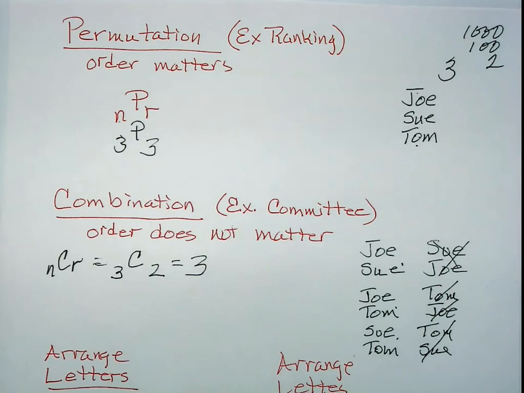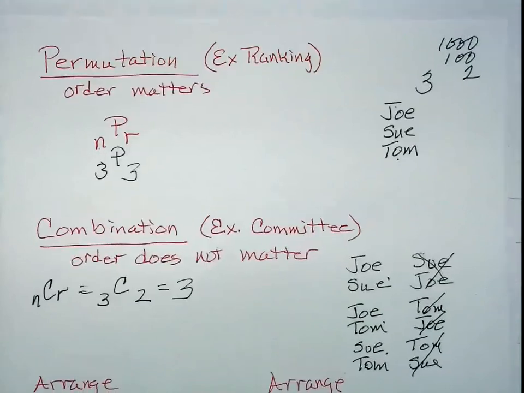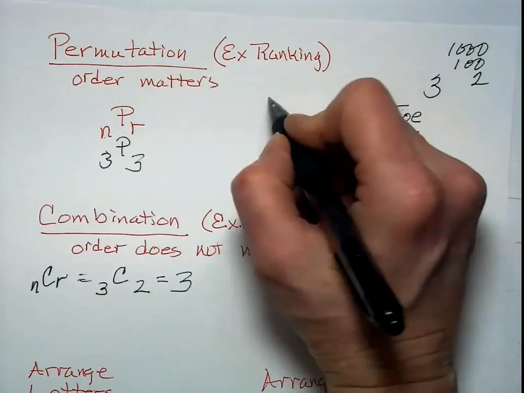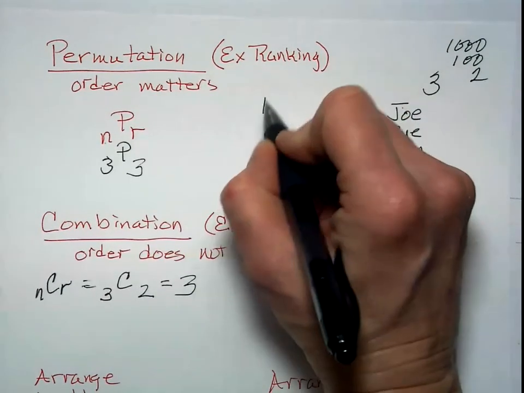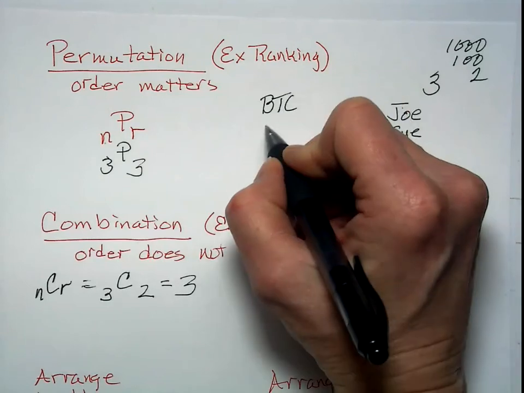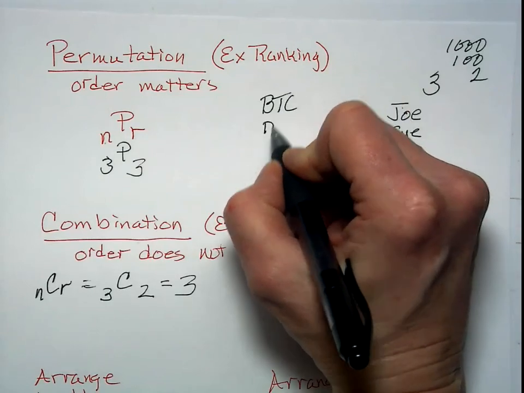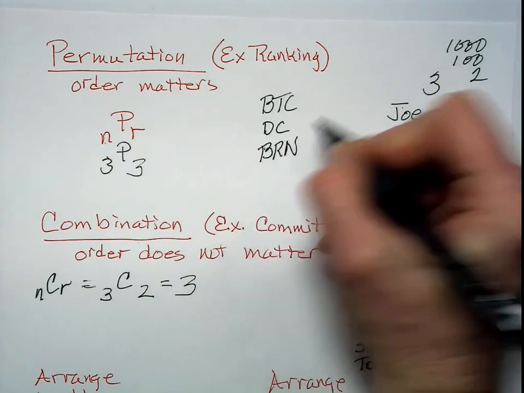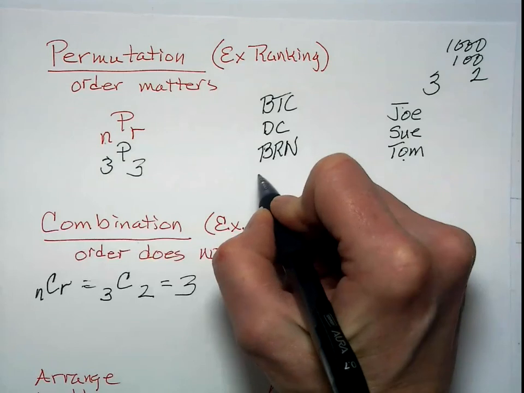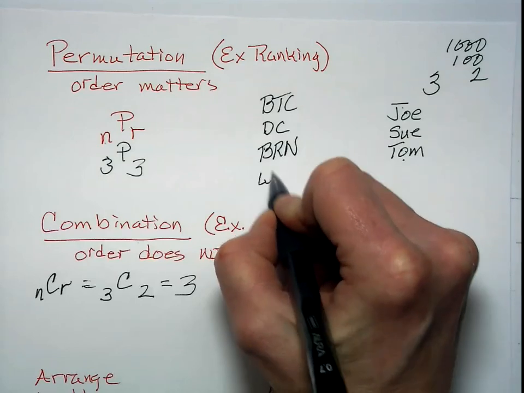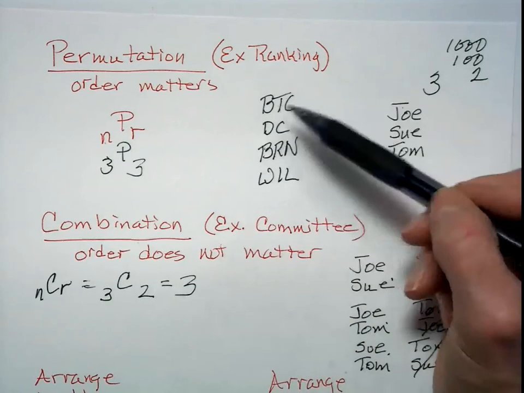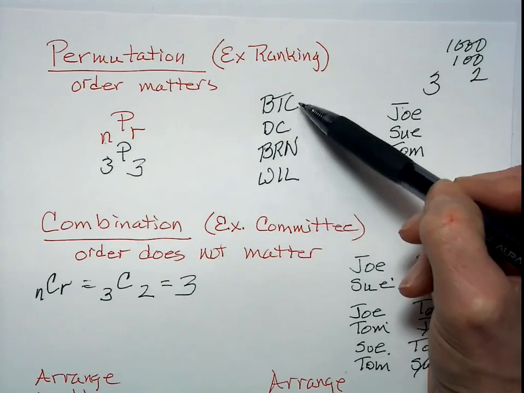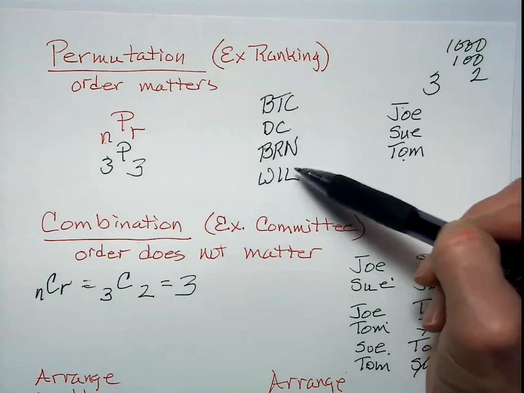Permutation, a good example I like to tell students is here at Hudson Valley. Does it matter if, say, you have 4 classes, BTC, daycare, Brand, and Williams? Does it matter if you go to BTC, daycare, Brand, and Williams, or BTC, Brand, daycare, and Williams?